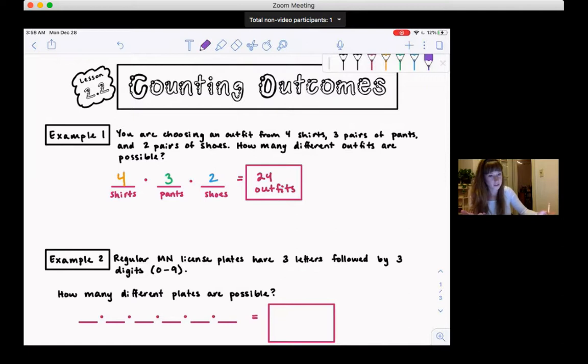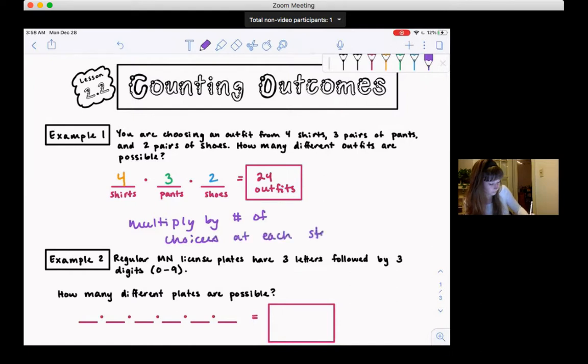And the key insight here is you're going to multiply by the number of choices at each step. So that's our key idea.